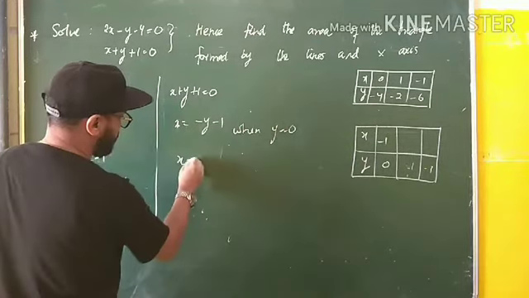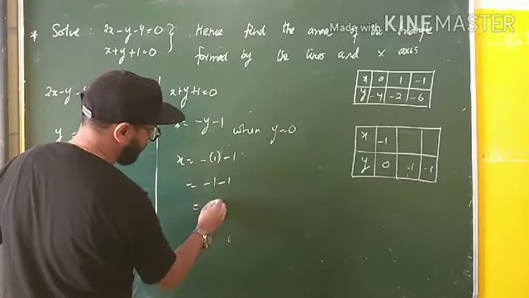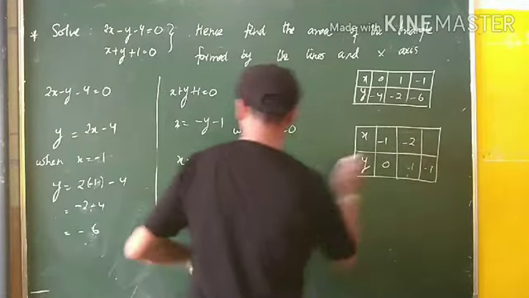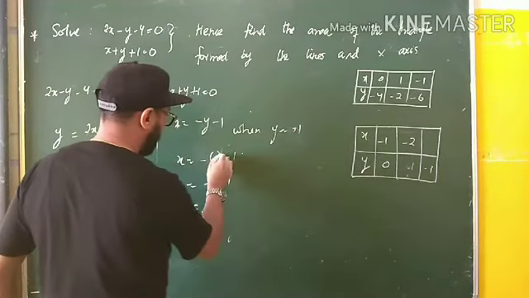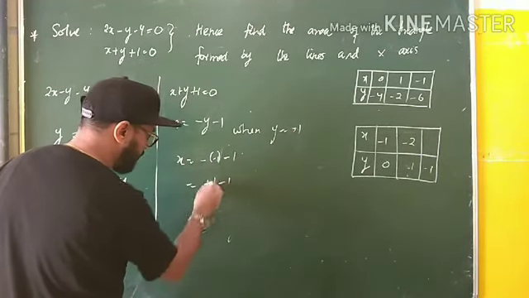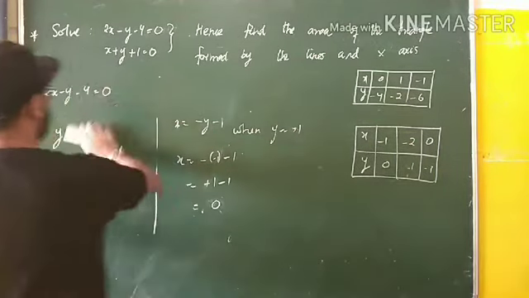Now when y is 1, x is 1 minus 1, so minus 1 will give you minus 2. And when y is minus 1, minus into minus will give you plus, so 1 minus 1 is 0. So we got all the coordinates.